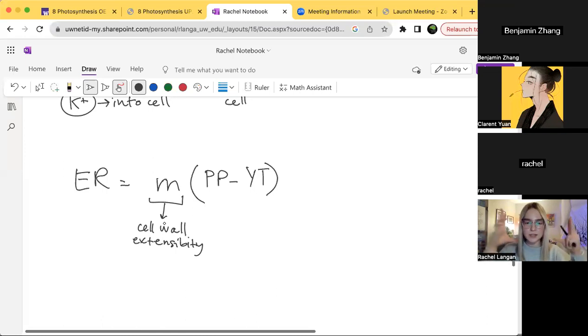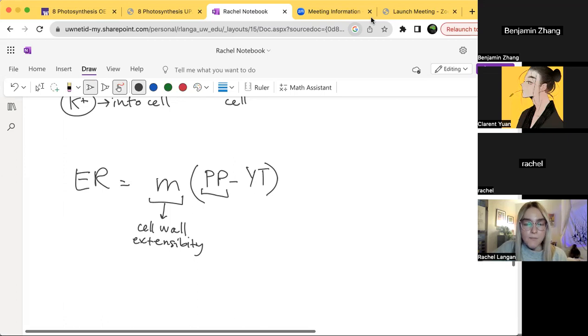So proteins that actually affect the cell wall would be like expansins. The turgor pressure or the pressure potential is going to be influenced by how much water is going into the cell. Therefore, it's going to be affected by the water potential and just how much movement of water is going in.